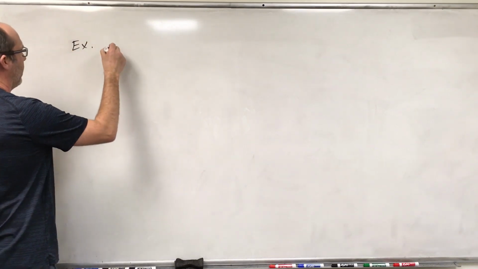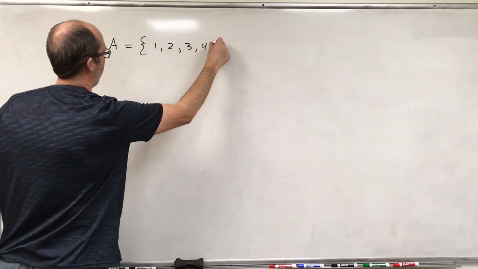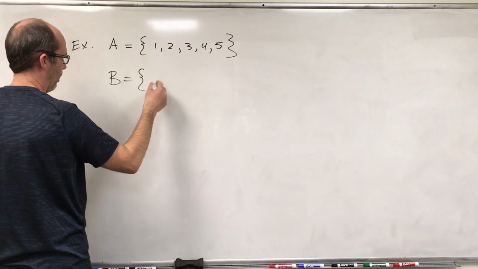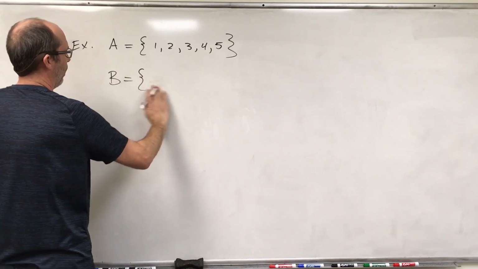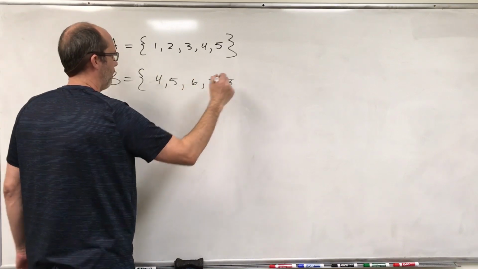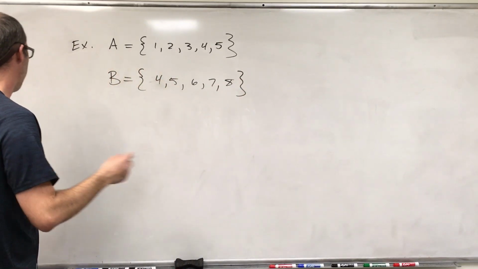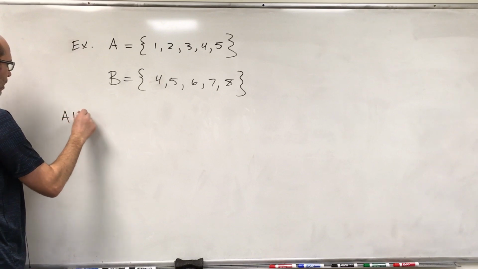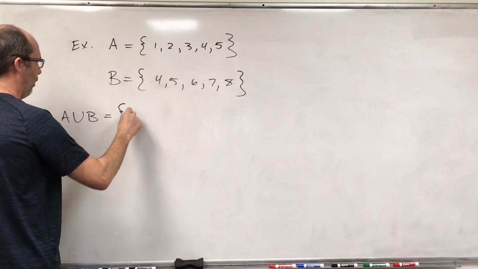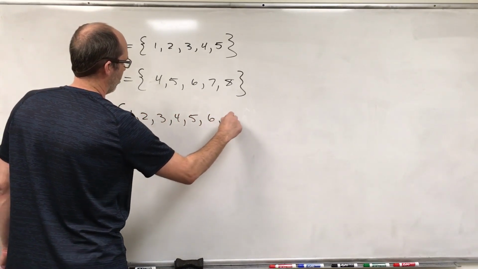Let's say that A is the set 1, 2, 3, 4, 5. B is the set 4, 5, 6, 7, 8. Then we can see that A union B is the set 1, 2, 3, 4, 5, 6, 7, 8.